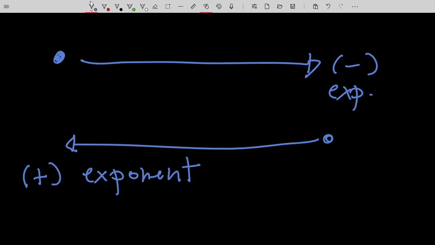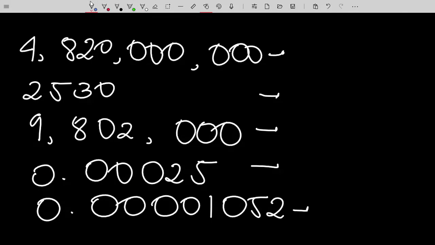Now, let's try to look for some other examples. Now, let's try to answer this example. First value is we have 48200000000. So, the first thing to do is to know again where the decimal is. Here we do not have any decimal, so the first thing to do is to initially place a decimal here.